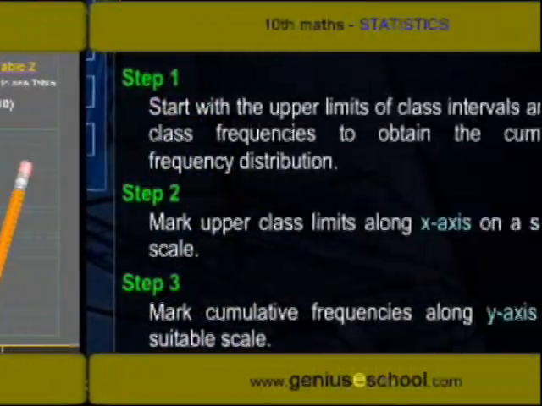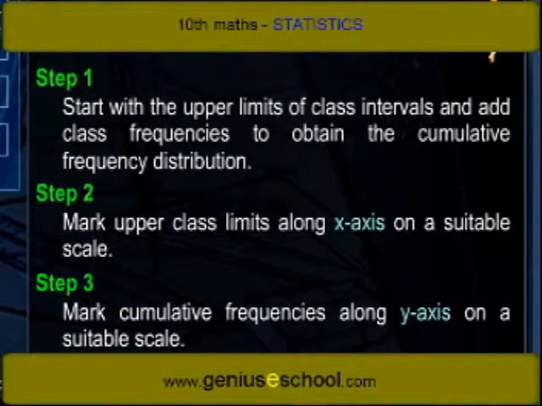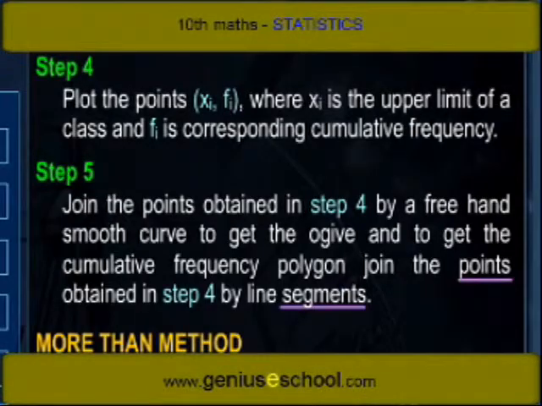Step 1. Start with the upper limits of class intervals and add class frequencies to obtain the cumulative frequency distribution. Step 2. Mark upper class limits along the x-axis on a suitable scale. Step 3. Mark cumulative frequencies along the y-axis on a suitable scale. Step 4.